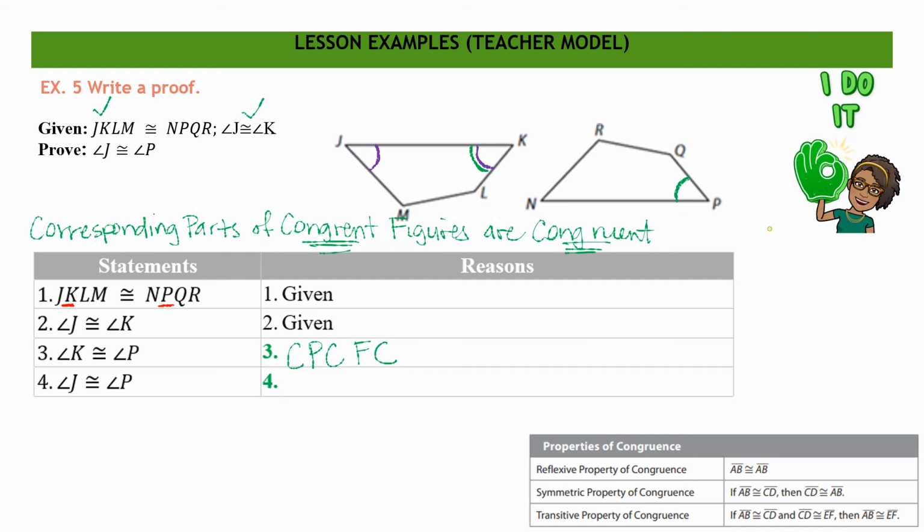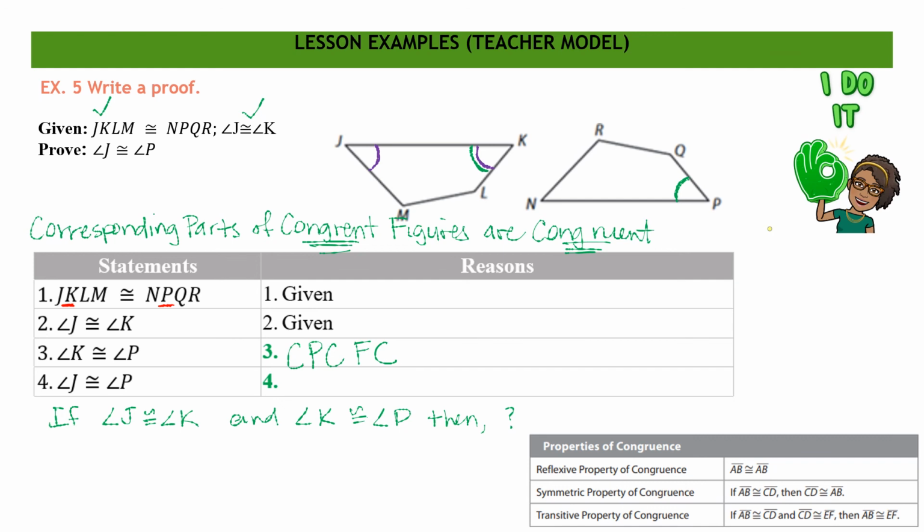Now we get to the meat and potatoes. It tells me that we need to prove that angle J is also congruent to angle P. Well, let's think about this statement. If angle J is congruent to angle K and angle K is congruent to angle P, sorry guys, angle P, then what can we conclude?